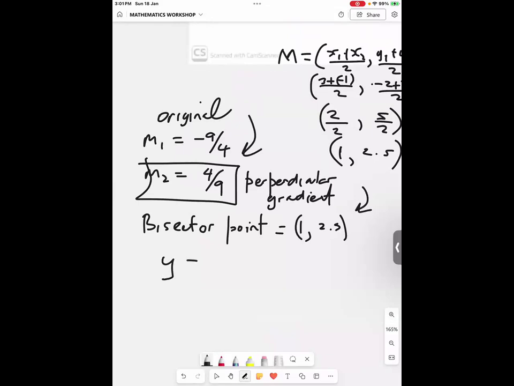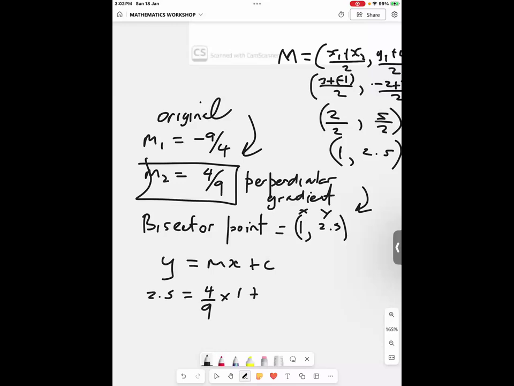I can go ahead and say y is equal to mx plus c. Now in this case, my bisecting point is going to be x and y. So y is going to be 2.5. M is going to be the flip, the 4 over 9, times x, which in this case is 1.